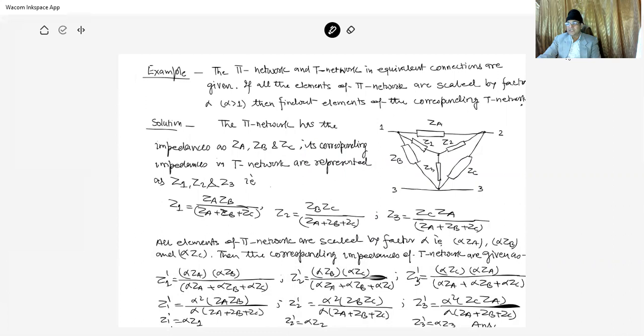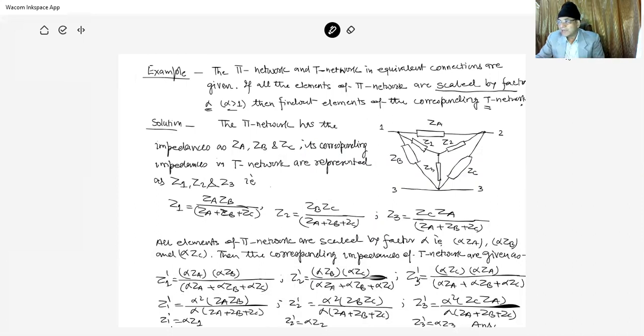This one is given 1, 2, 3. These are the three terminals. If all the elements of the pi network are scaled, increased by the factor alpha, alpha greater than 1, then find the elements of the corresponding T network.